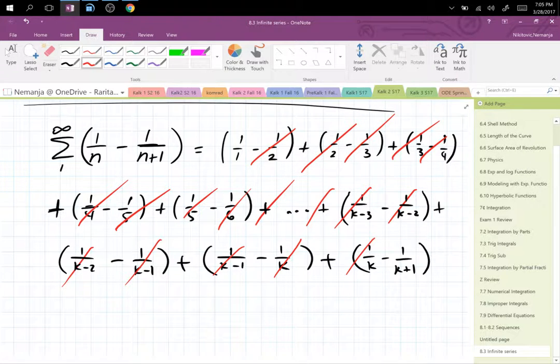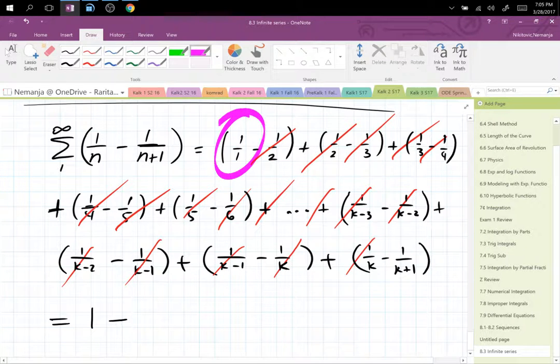But remember, this k has to go to infinity, right? You still have to do that. So what's the answer for the sum when I was adding these terms? The answer is 1.